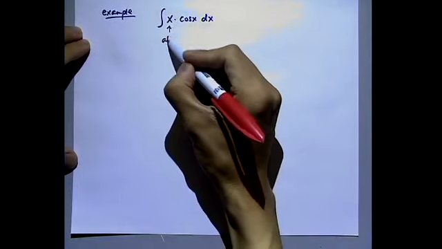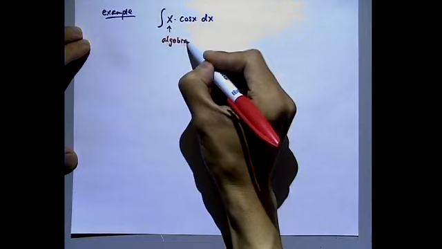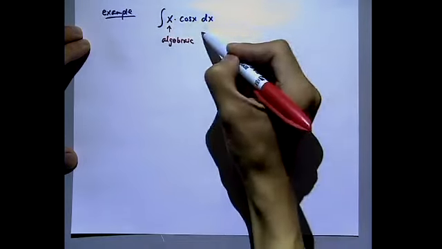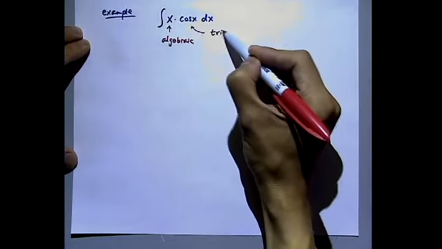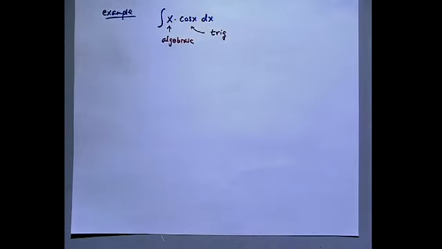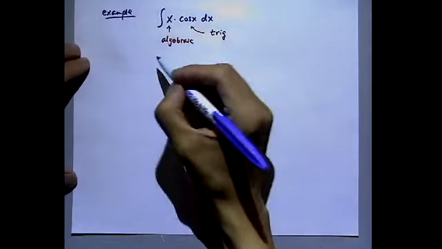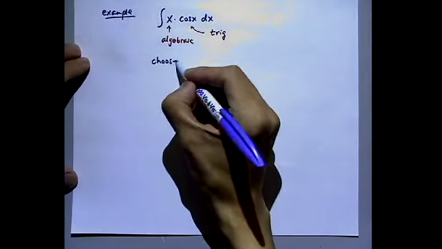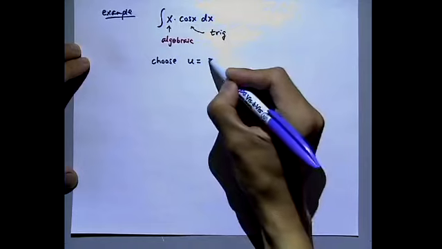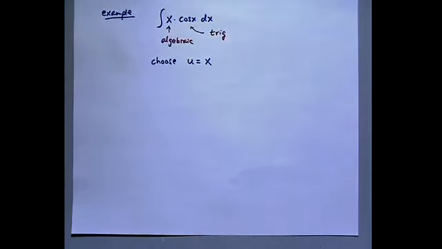So x here, this is the algebraic part. And obviously cosine is the trig part. Based on the order we just established, we want to choose the algebraic before trig, right? So we want to choose u to be x.